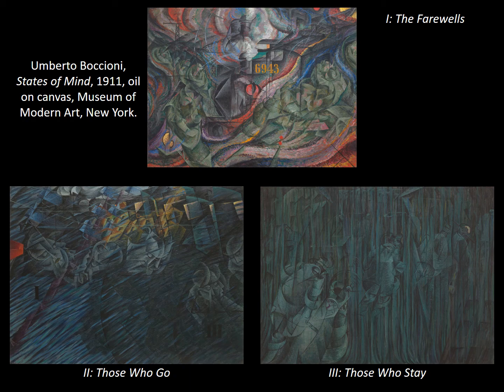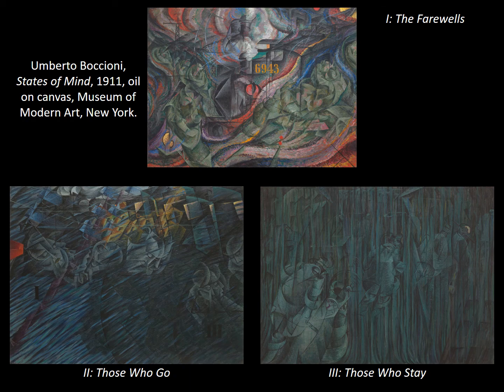In Those Who Go, it appears like it's moving away, and you could see the diagonal lines. And then in the last work, Those Who Stay, the force lines are very vertical, which gives us this sense of stability. It's what's left. The things are no longer in motion. It is literally what's left behind.